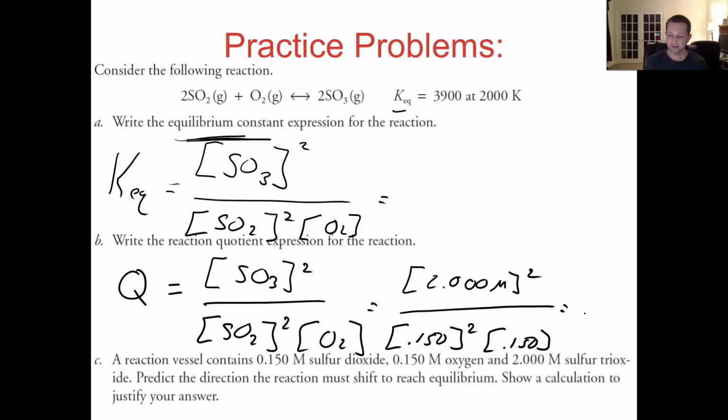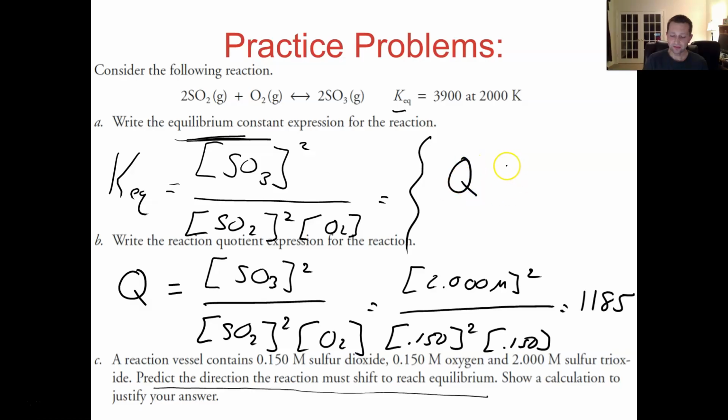Plug it in your calculator and you will get a Q value of 1,185. Predict the direction the reaction must shift to reach equilibrium. We have our Q value of 1,185, KEQ is 3,900, so Q is less than KEQ in this situation.